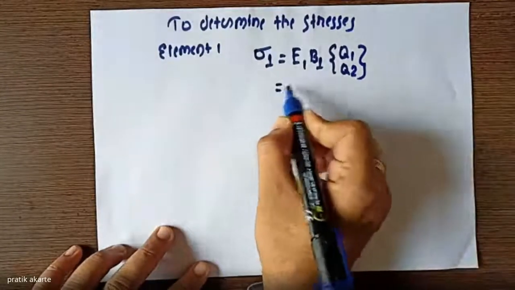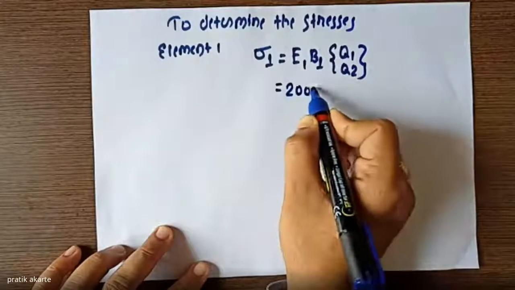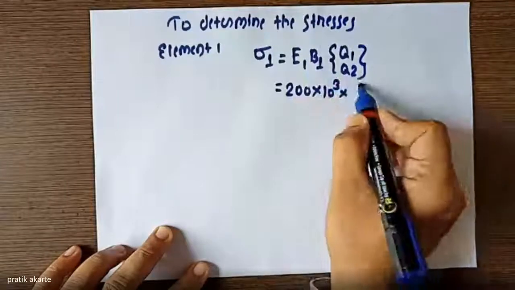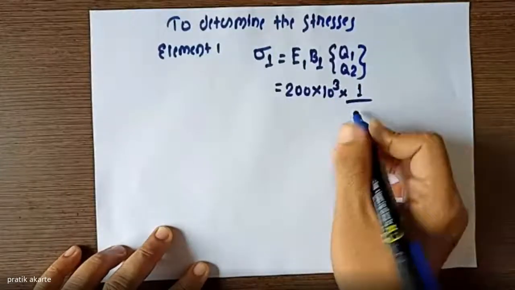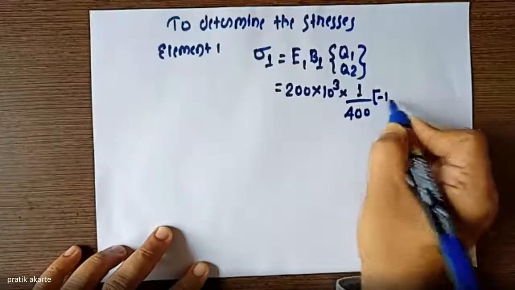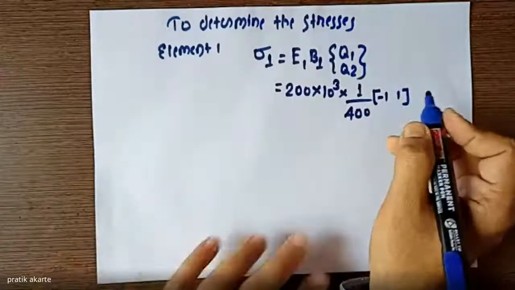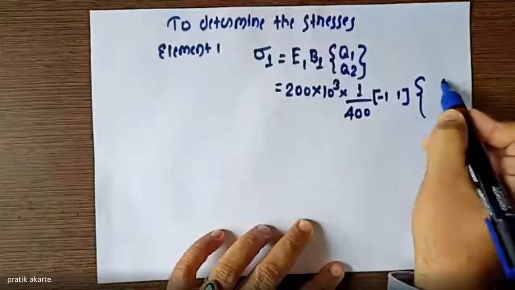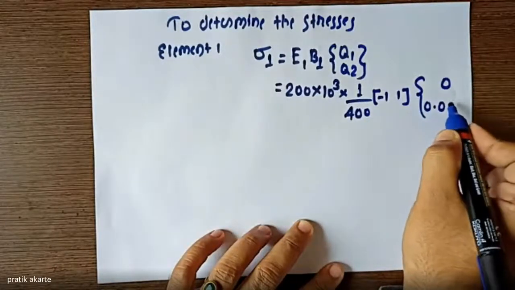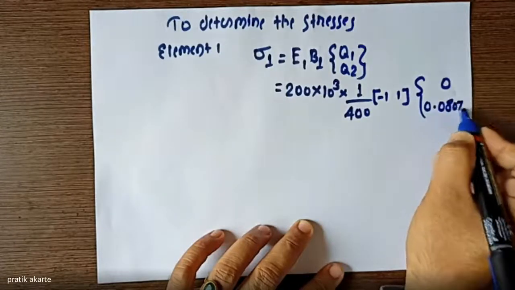So writing in that form, 200 into 10 to the power 3 into B as 1 upon length of first element, that is 400, minus 1, 1, and Q1 is 0, Q2 we already found out as 0.08077.